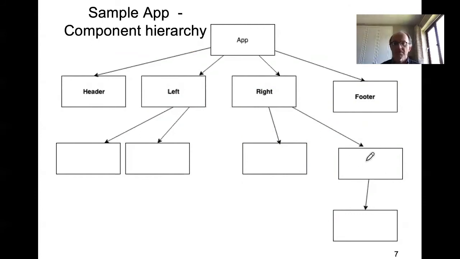one that's going to be managing the display of the list of movies. This component corresponds to rendering one movie in the list. This is the component that manages the filtering inputs. This is the component that is responsible for displaying information on the movie. This is the component that manages all of the buttons.